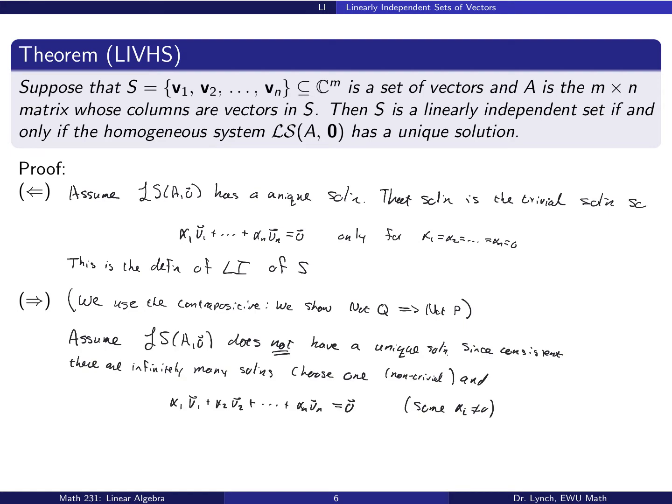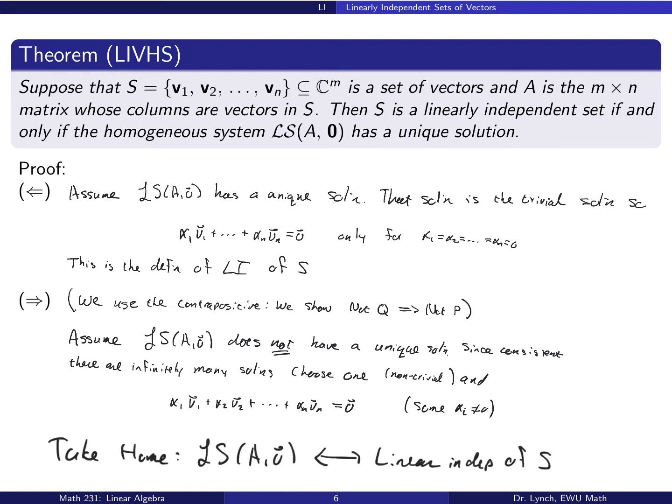If the corresponding homogeneous linear system does not have a unique solution, well, it must have infinitely many solutions because it's a consistent system. So we'll just go ahead and choose one of those solutions, a non-trivial one, and that solution gives us exactly a non-trivial relation of linear dependence on S.